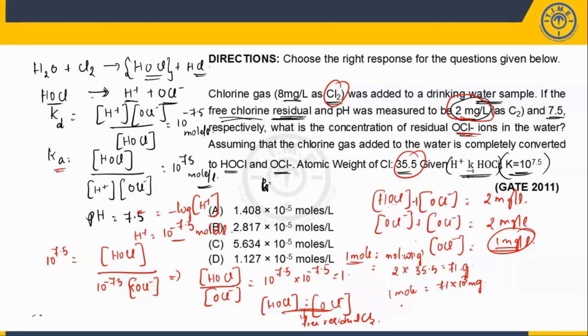How many moles? Because we want here the conversion from milligram to mole, not from mole to milligram. It is 1 by 71 into 10 power minus 3. What is 1 by 71?